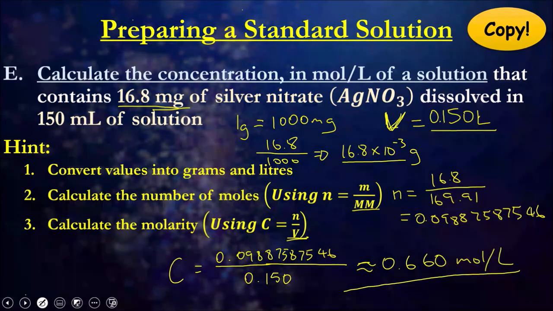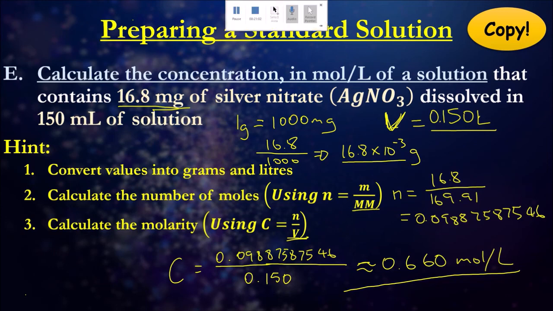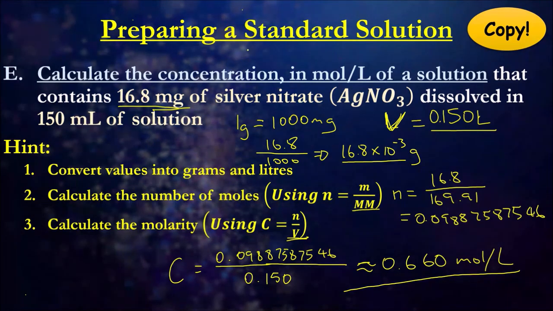And that's how you would calculate the concentration of the standard solution you have created. In the next video, I'll go through dilutions, but just stick with these contents for now. Have a go at the practice questions for molarity and how to prepare a standard solution.